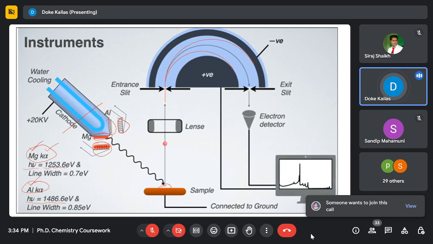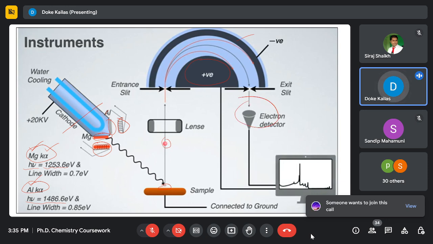This is a spherical analyzer in which there are two electrodes, two spheres, one positive and one negative. Through this hemispherical analyzer, the photoelectrons are transported towards the electron detector.